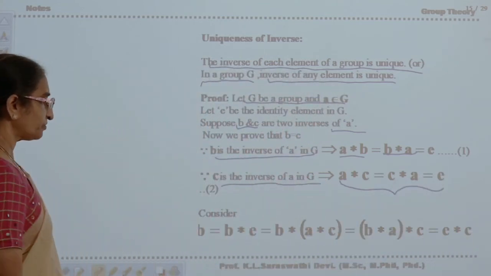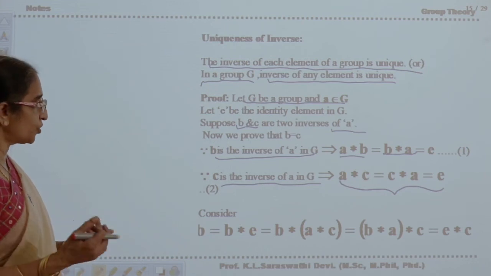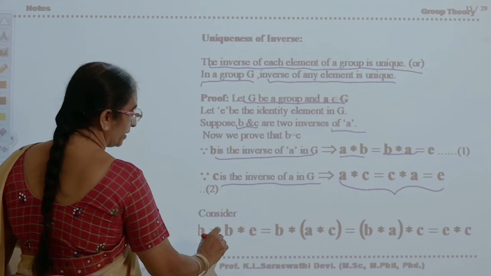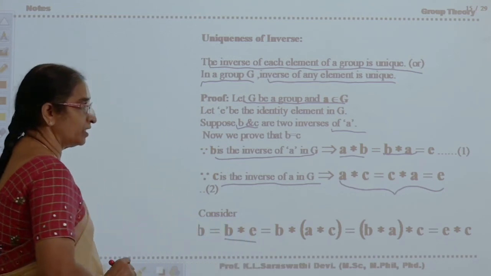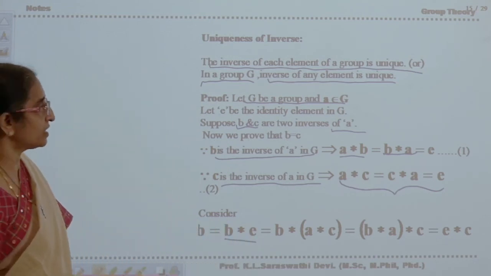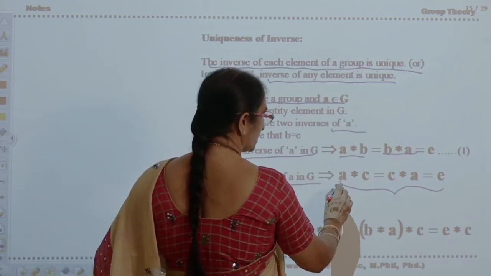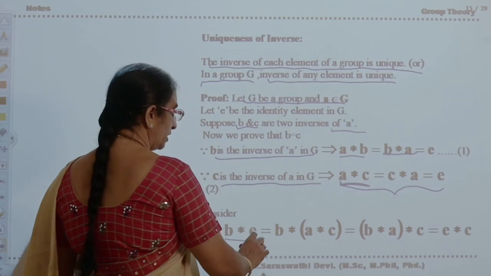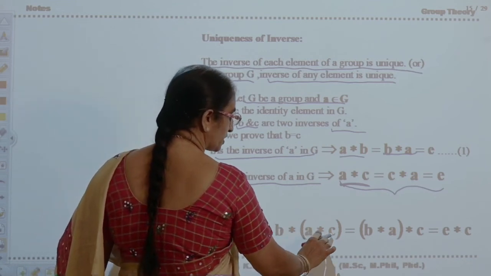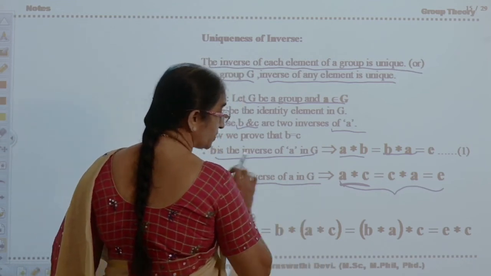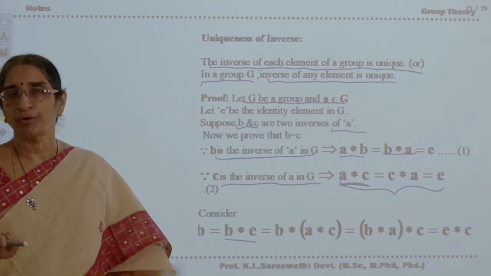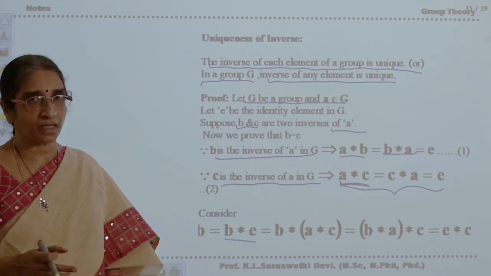Is it? Now, in order to show that B is equal to C, consider B, write it as B star E, but E is equal to A star C from here. So B star, A star C. Now B, A, C are the elements in G. G is a group, so associativity is satisfied.